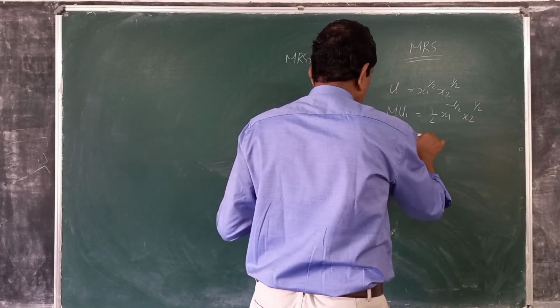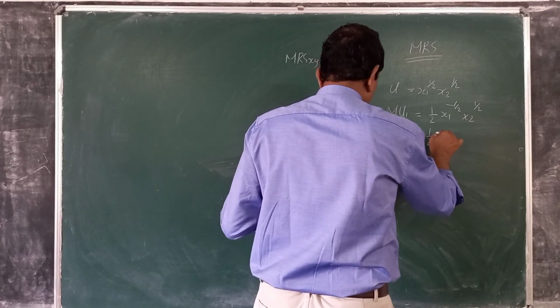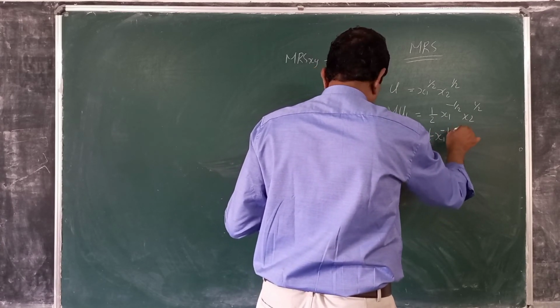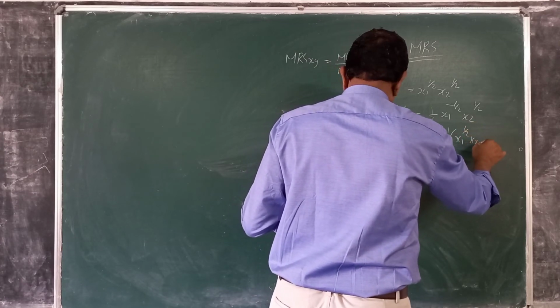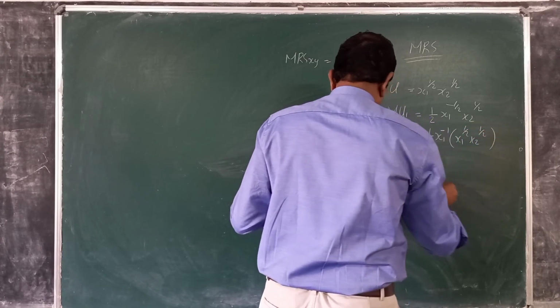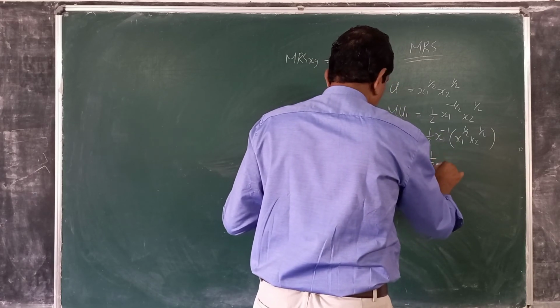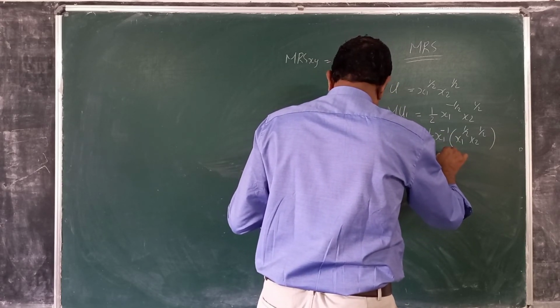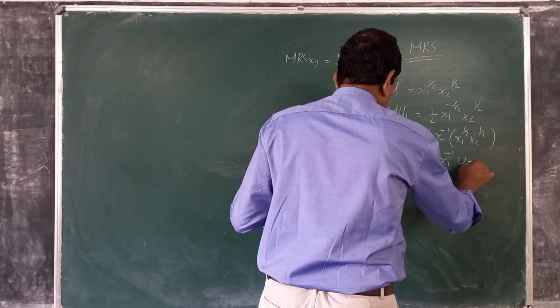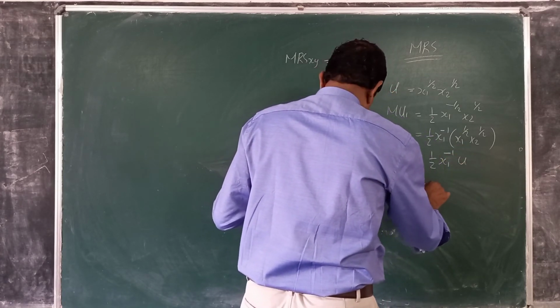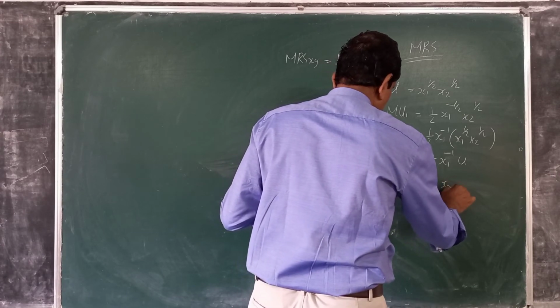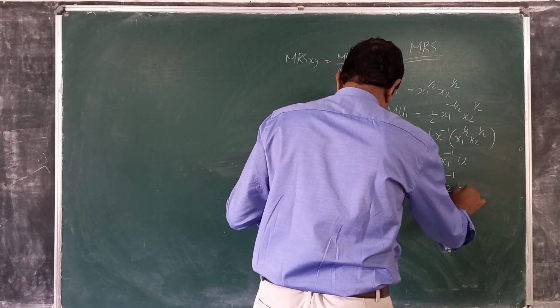This is equal to 1 by 2 x1 raised to minus 1 into x1 raised to half, x2 raised to half. This is equal to 1 by 2 x1 raised to minus 1 into u. Similarly, MU2 can be written as 1 by 2 x2 raised to minus 1 into u.